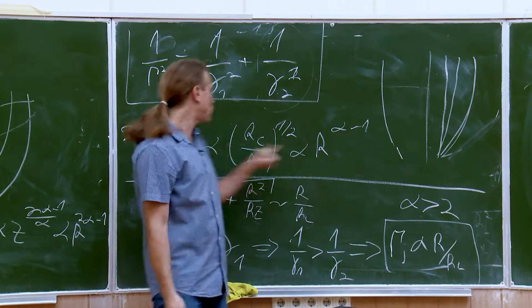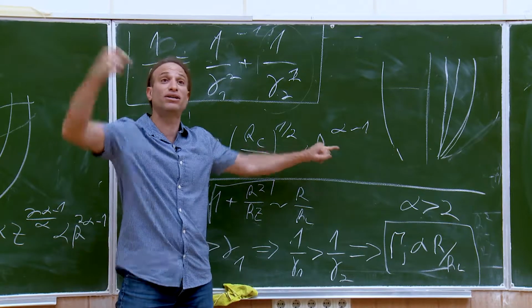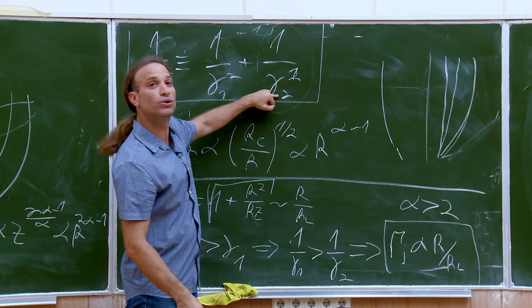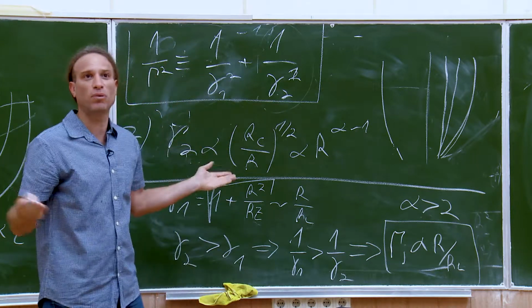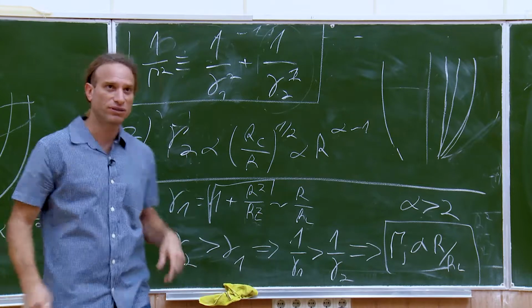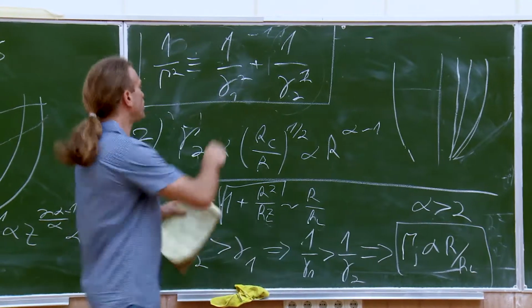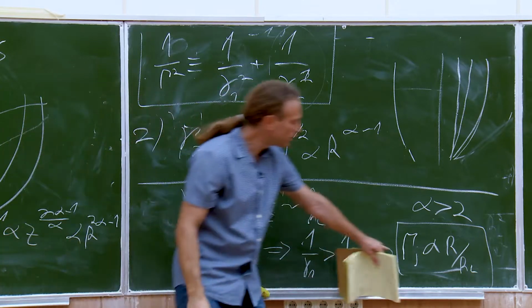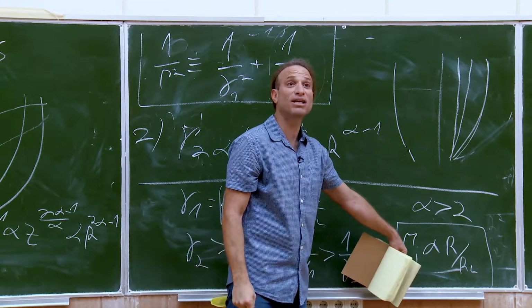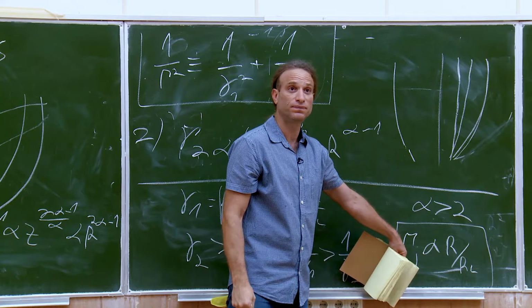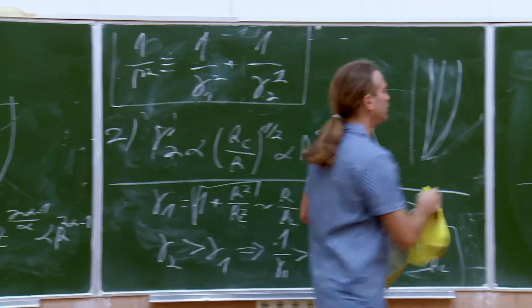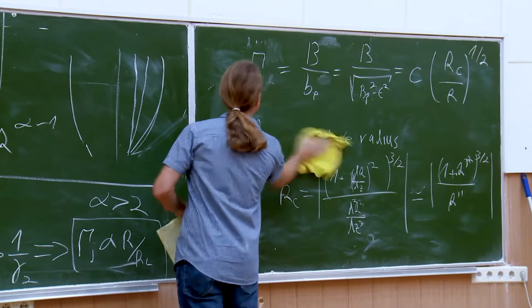Okay, so gamma 2 is developing faster than gamma 1, is becoming larger. So 1 over gamma 2 is smaller than 1 over gamma 1, because I'm just taking the reverse of it. Okay? So this quantity wins. So in narrowly collimated jets, I'm in the linear acceleration regime. Okay? What happens on the opposite side? You can guess.